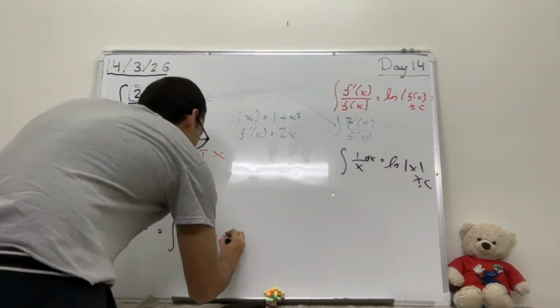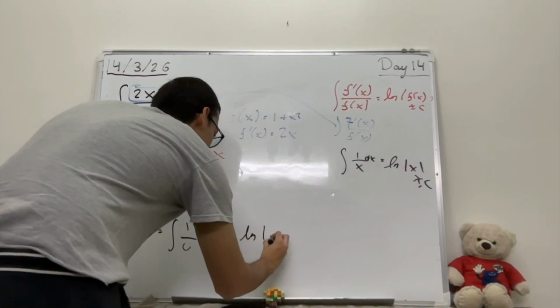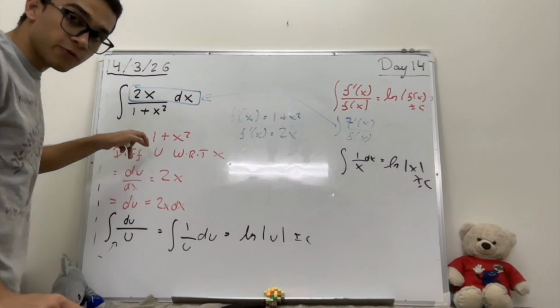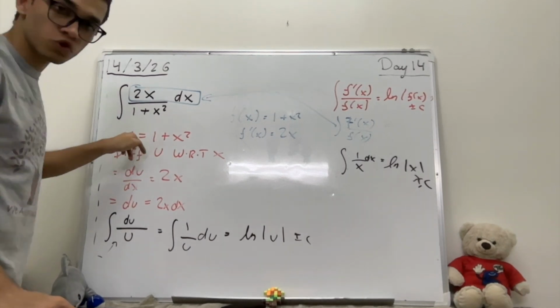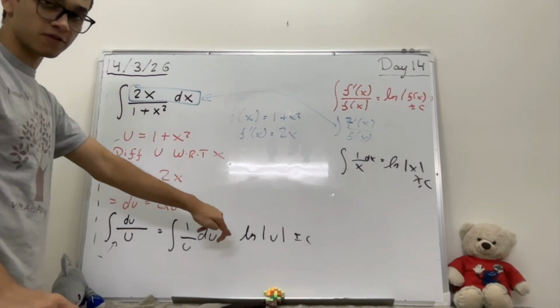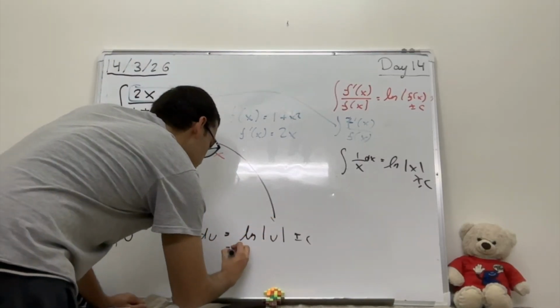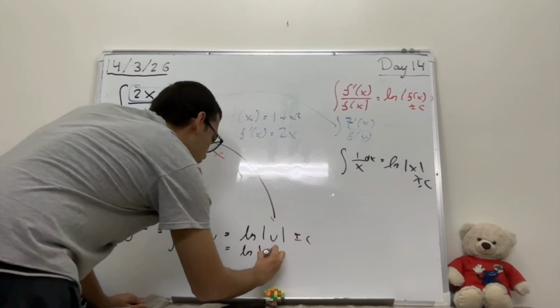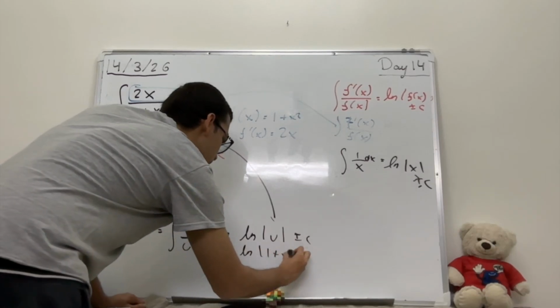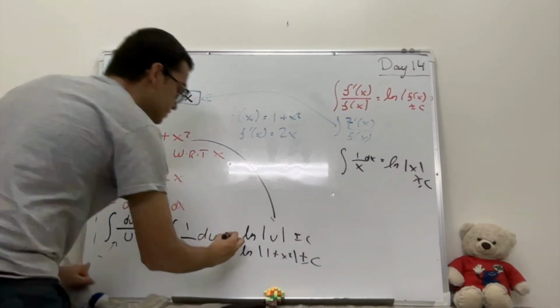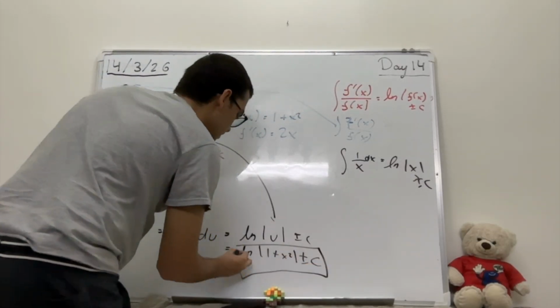So we just end up with ln of u plus or minus c. Now since this was our original question and we assumed u to be 1 plus x squared, this is not the final answer. You have to substitute u back into this. So you get ln of 1 plus x squared plus or minus c. So the integral of this ends up being this.